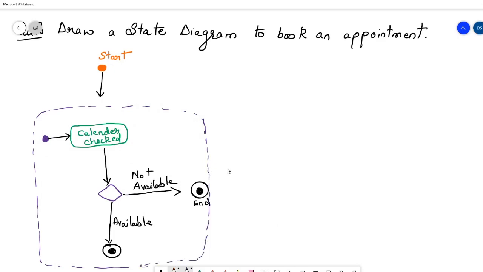Now with this we can conclude calendar, date not available, or you can simply write not available also. Or you can write no appointment also.